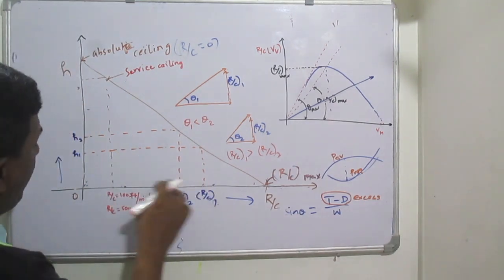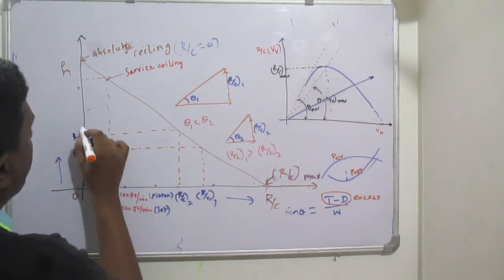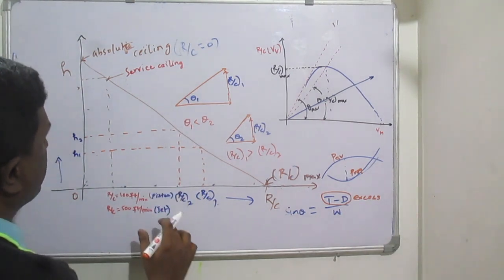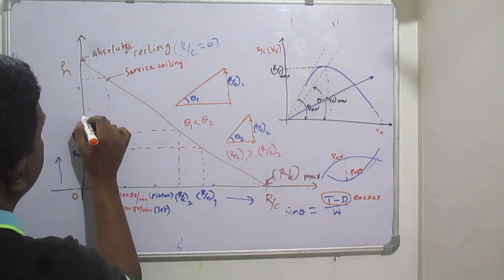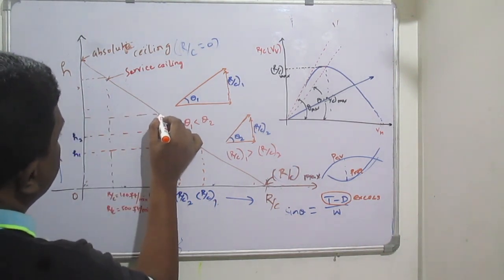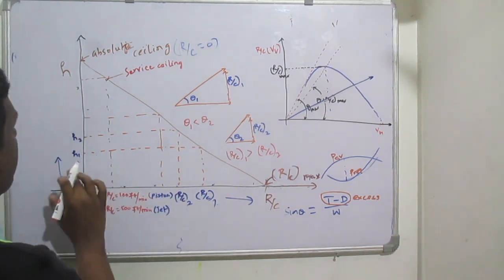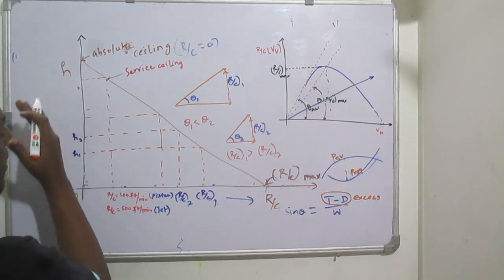As the height increases, we see from this curve that the rate of climb is decreasing. At any given altitude, as the height increases, our rate of climb decreases. That is one thing we can understand from this graph.